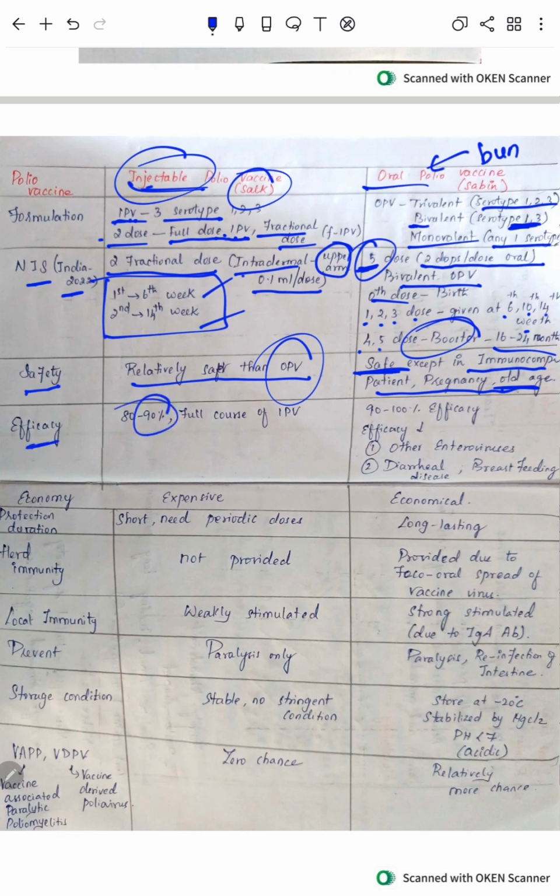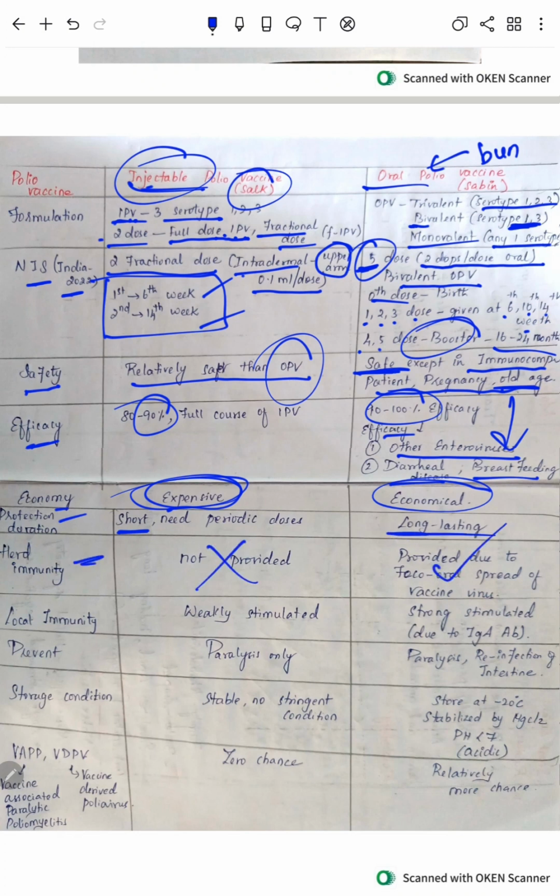Efficacy is 90% here, 100% here. Efficacy is decreased by other enteroviruses, diarrheal diseases, and breastfeeding in OPV. Economy: this is very expensive, this is cheaper. Protection duration is short here, long lasting here. Herd immunity is not provided here, provided here.